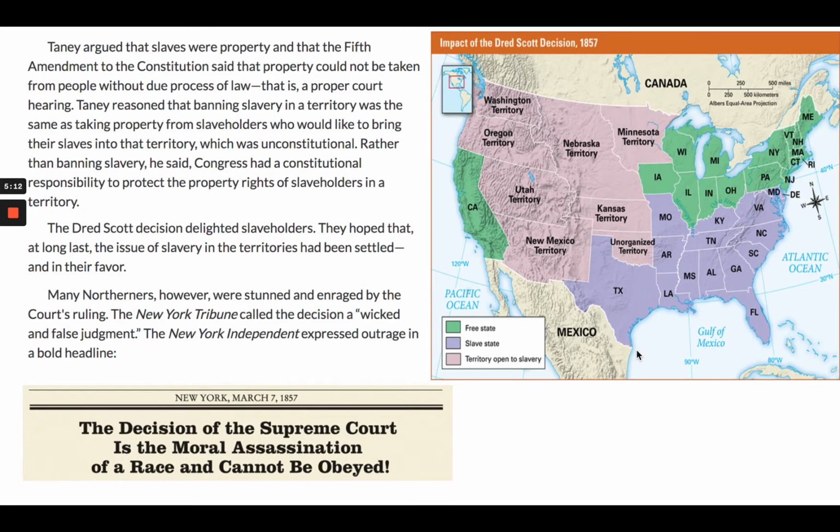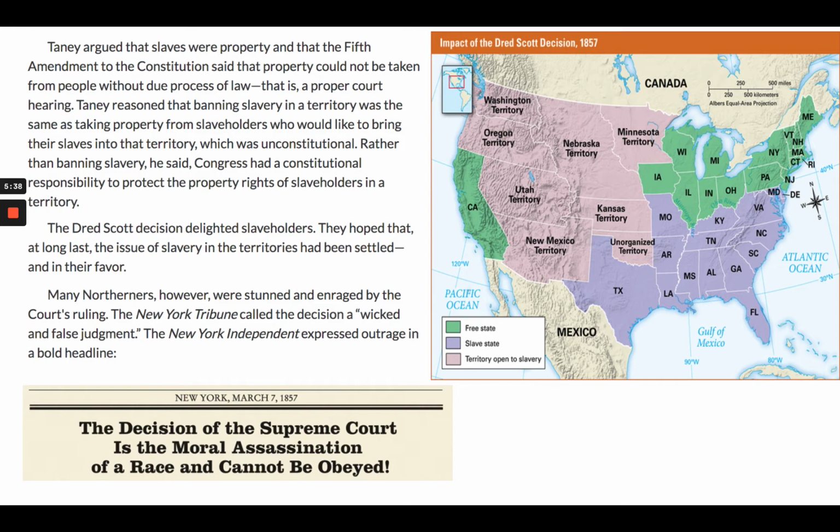So, Taney argued that slaves were property and that the Fifth Amendment to the Constitution said that property could not be taken away from people without due process of law. That's that Bill of Rights amendment. That is, a proper court hearing. Taney reasoned that banning slavery in a territory was the same as taking property from slaveholders who would bring their slaves into that territory, which was unconstitutional.